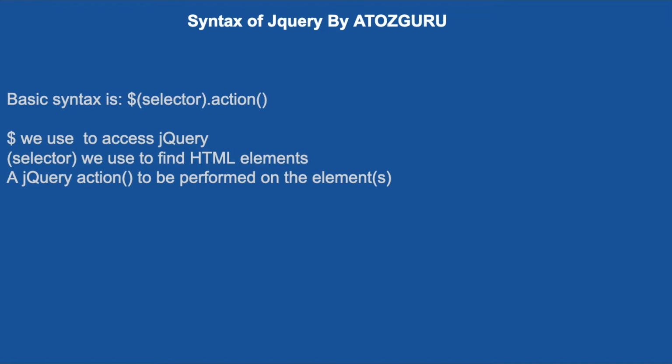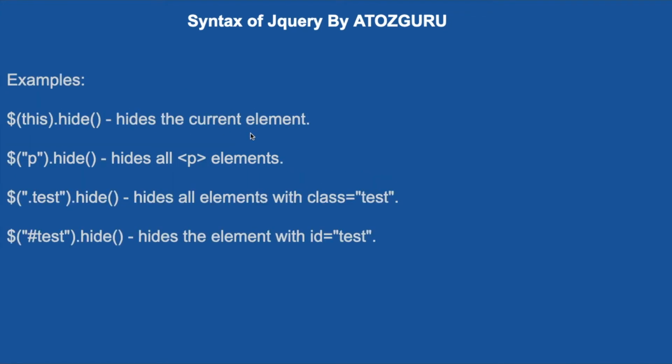So don't worry about that syntax. In the next video I'll give a clear example, then it will be clear to you. So basically this is the syntax which we are using.